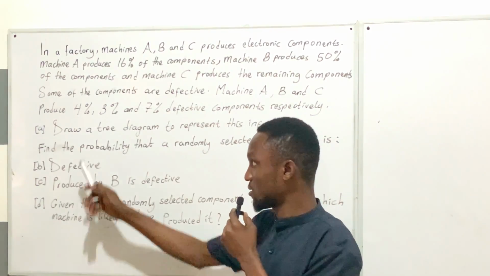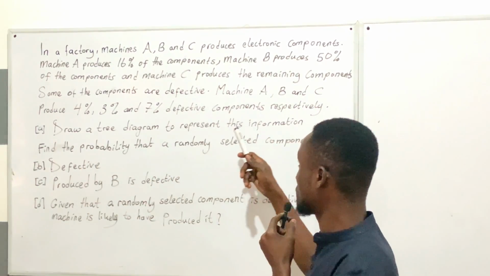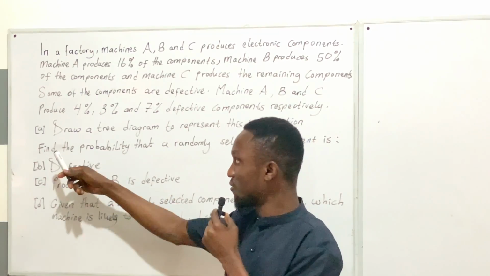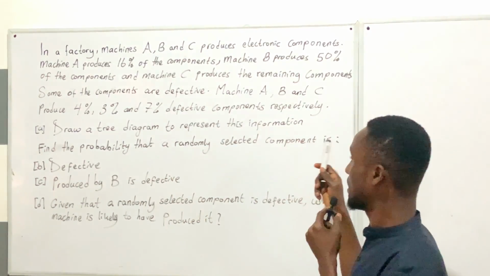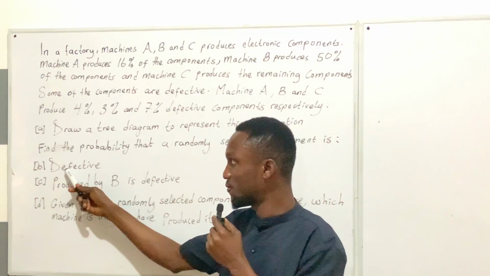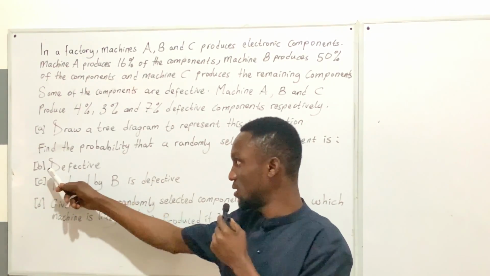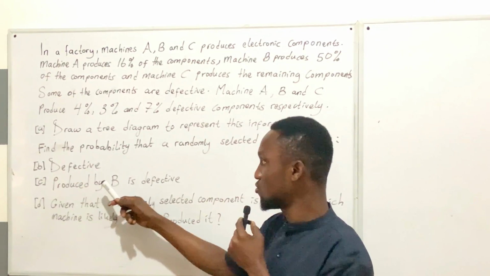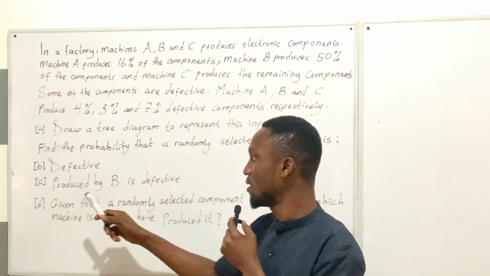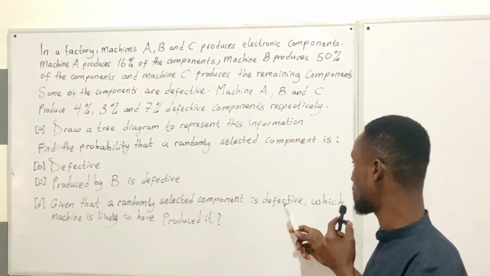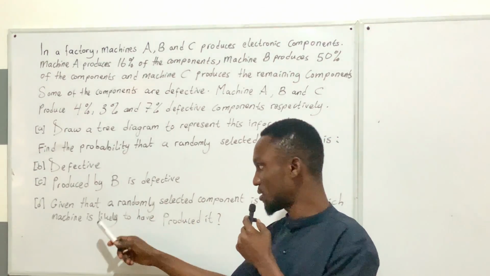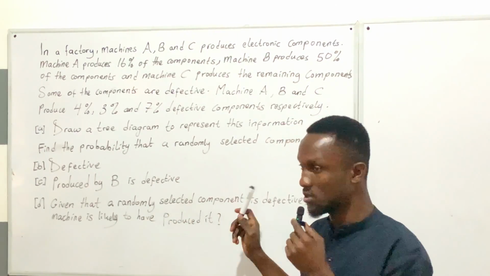The first question is: draw a tree diagram to represent this information. Then find the probability that a randomly selected component is: one, defective; two, produced by B and defective; and three, given that a randomly selected component is defective, which machine is likely to have produced it?